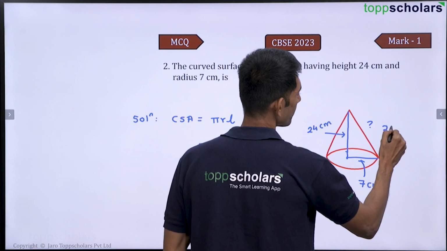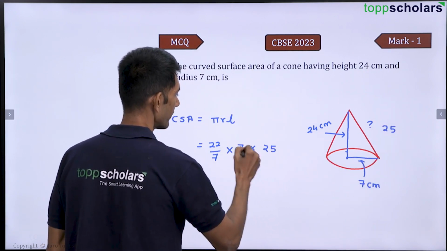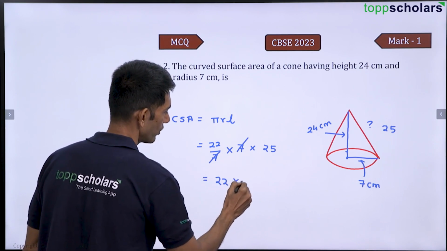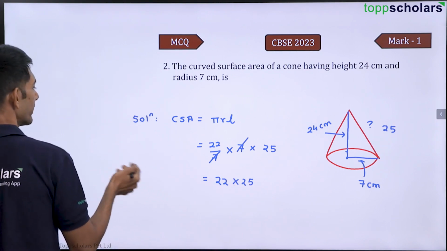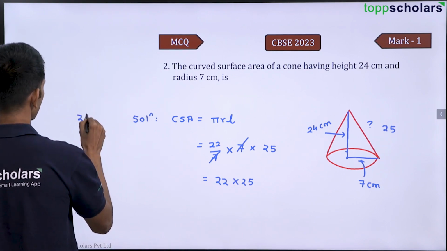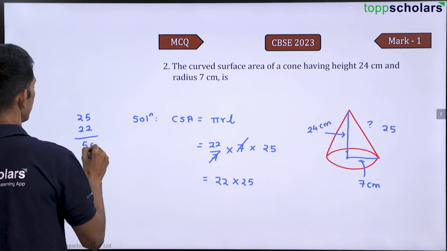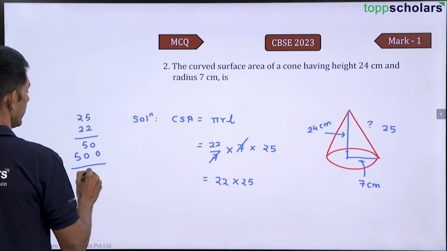So L is 25. You put L as 25. 7 gets cancelled. So you have 22 into 25. Just multiply this. 25 2s are 50, this is 0, this is again 50, and you get 550.